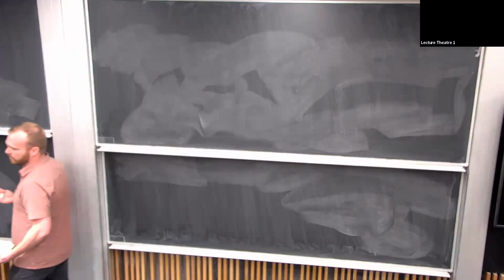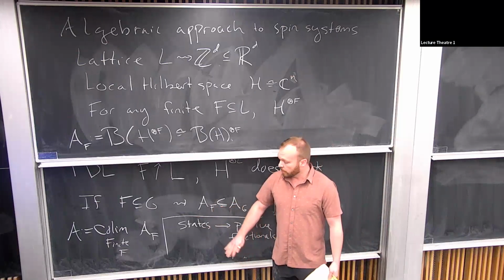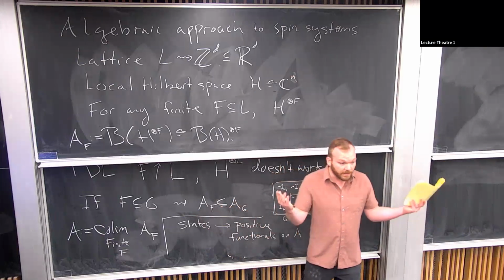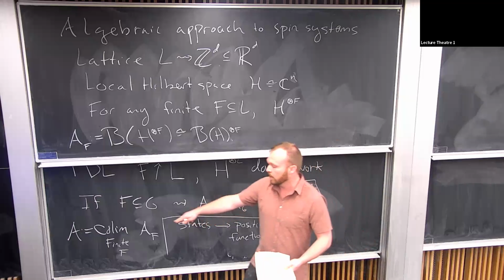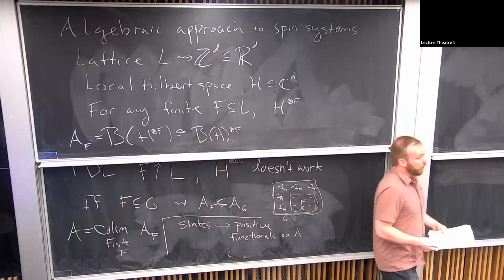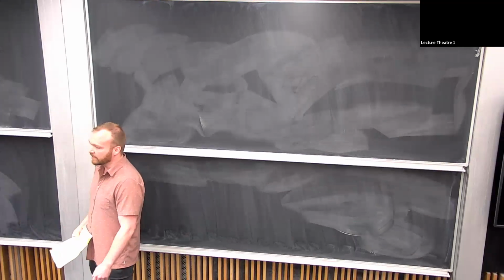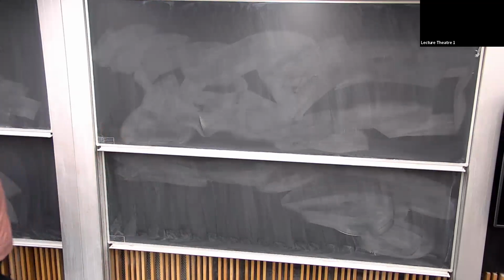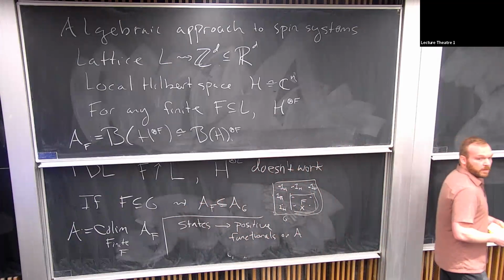These are just the local operators in your system, and that's why you can have things like different phases in the first place, different superselection sectors, inequivalent representations of this algebra on Hilbert space. That's part of the reason why spin systems are interesting. Why you get phases is partially explained by the fact that this algebra is not all the operators on a Hilbert space. Quick question. Yeah.